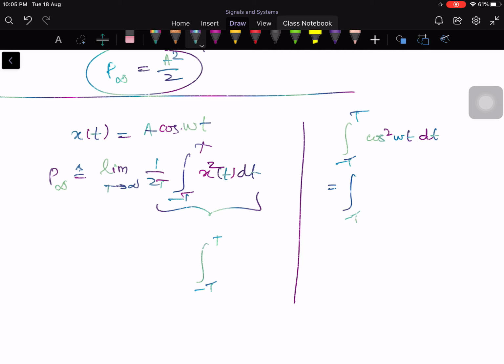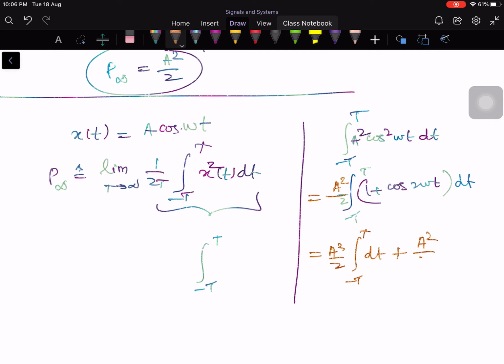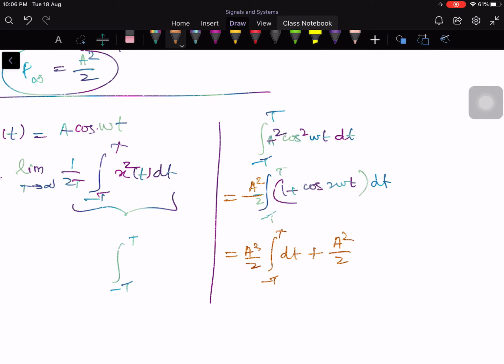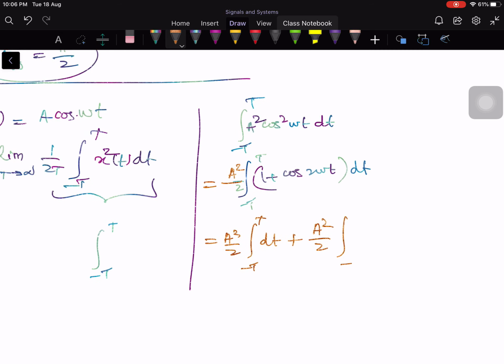This is the integral from minus T to plus T of A squared times (1 plus cos 2 omega t) over 2, times dt, where the 1/2 comes outside. So it is A squared over 2 integral from minus T to plus T dt, plus A squared over 2 integral from minus T to plus T of cos of 2 omega t times dt.